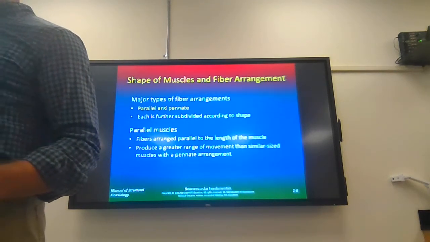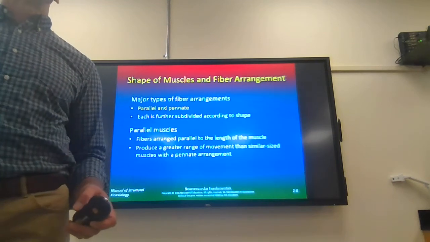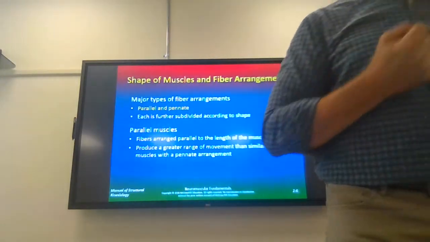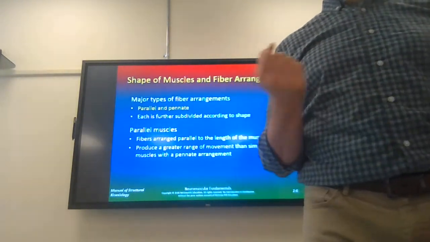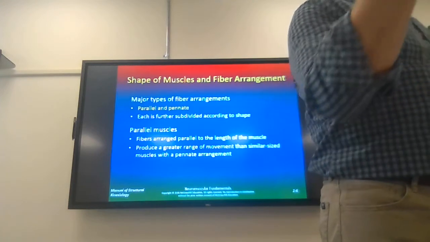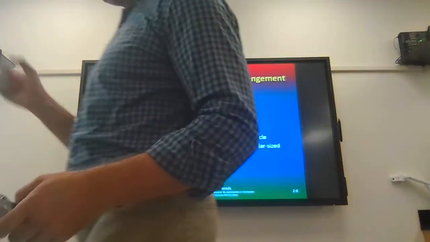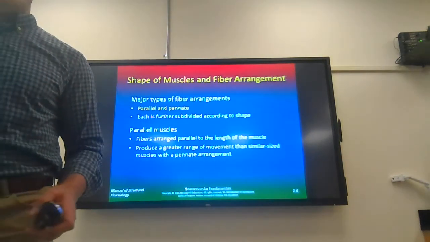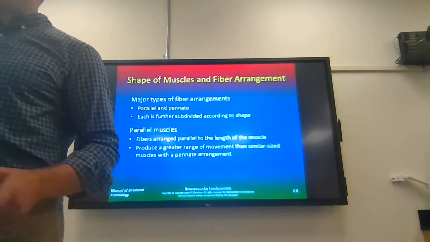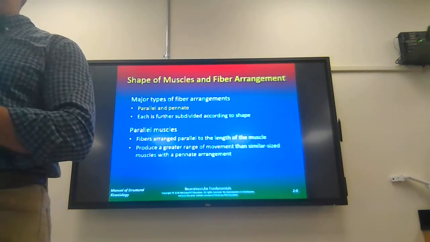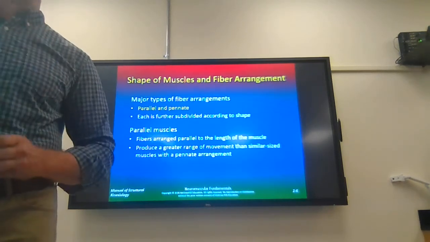I could take a handful of noodles from that box, and that would represent what we call a fascicle, a bundle of muscle cells or muscle fibers. You take a bunch of bundles and wrap those together, and that's what a whole muscle is.